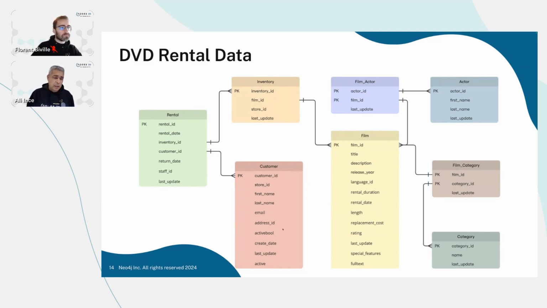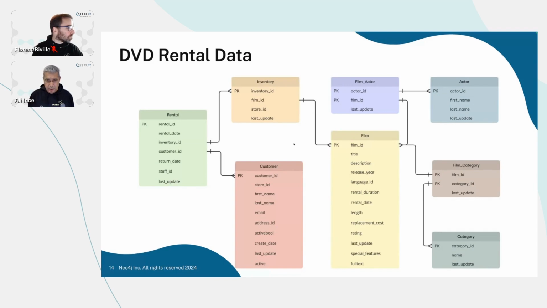And also we have customers who rent films, but this rental is represented in a two-hop. We have a rental table that links a customer to an inventory, and inventory links to films and stores. But since we are not importing stores, this inventory is kind of a link table which we will delete with a Cypher action.